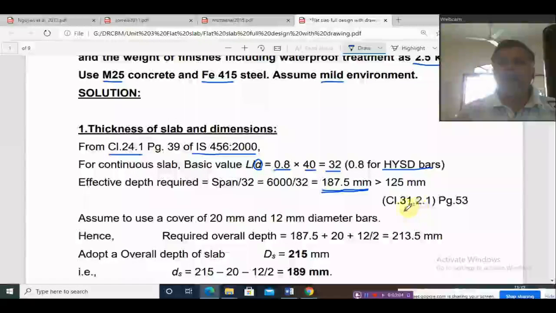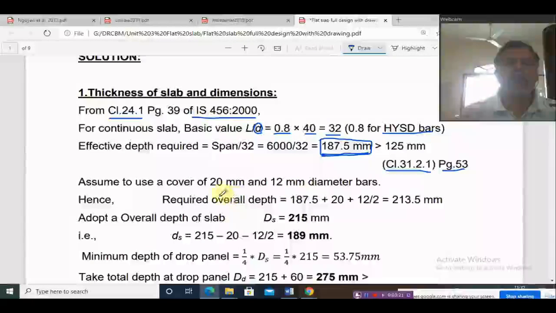But as per clause 31.2.1, page 53, we have to provide a minimum thickness of 125 mm for the flat slab. But our required dimension itself is greater than the 125 mm, so we are safe here. Now I am assuming a clear cover of 20 mm and the diameter of the bar used as 12 mm. Based on this, I will arrive at the overall depth required, capital D, which is effective depth plus clear cover plus diameter of the bar by 2.